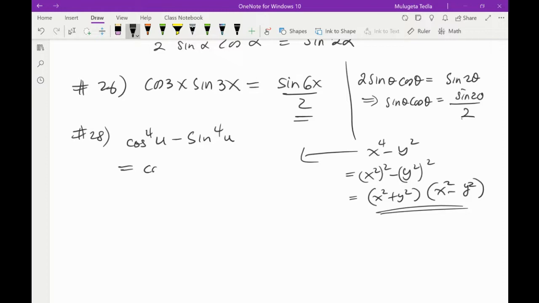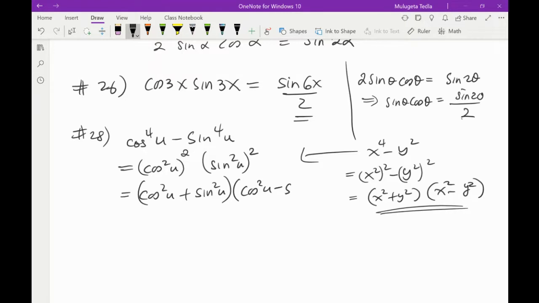So here I have cos squared u, cutting the exponent by half and then squaring, the same as cos to the 4, minus sine squared u squared. So the difference of squares is factored as the first base plus the second base times the first base minus the second base.